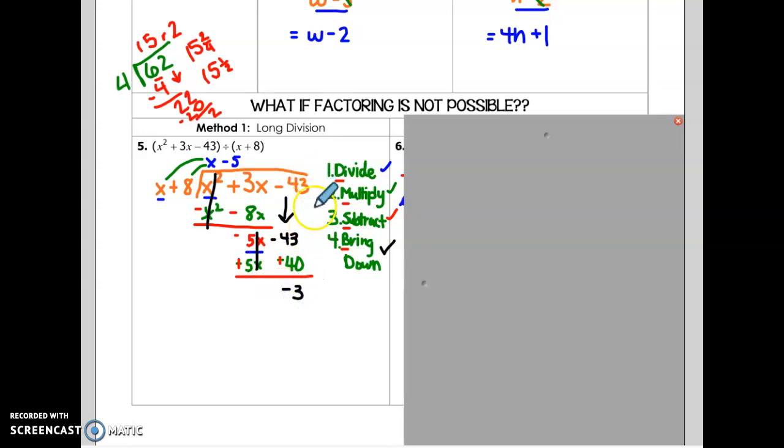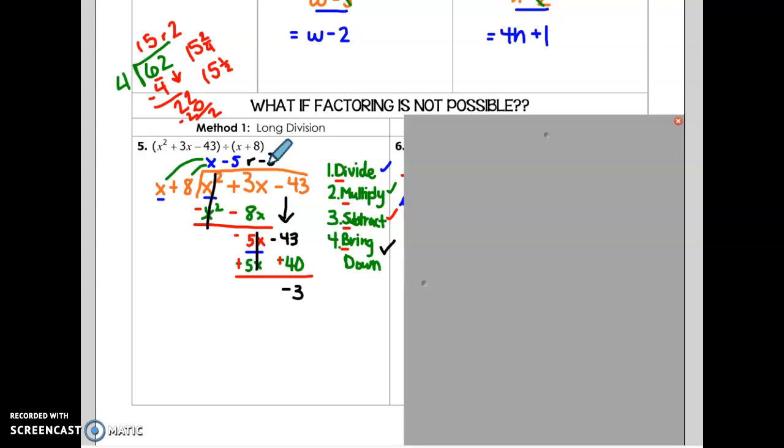There's nothing else left to bring down, so we call this the remainder. And we're going to talk a little bit more in a little bit about how you can rewrite the remainders. Okay, so that's called long division. We're going to practice that. You can use long division for any polynomial divided by another, where you can't factor, when factoring is not an option.